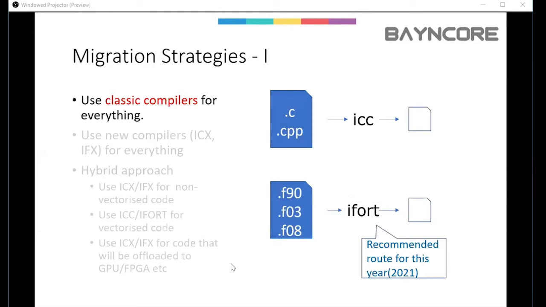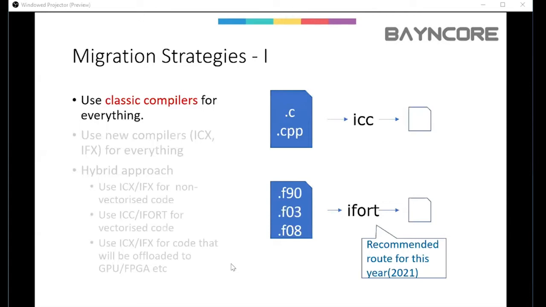The first one is you simply take all your code that was in Parallel Studio, you install oneAPI, but you continue to use the classic compilers. So in this case, for C code, you'd still continue to call ICC. For Fortran, you'd continue to call iFort. And as I've said already, for Fortran, that's the recommended route this year anyway.